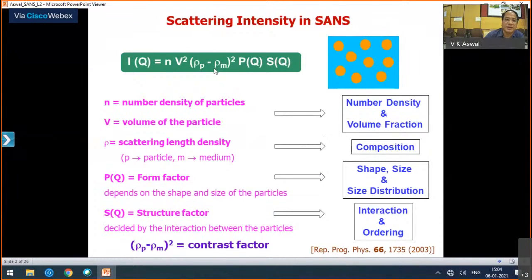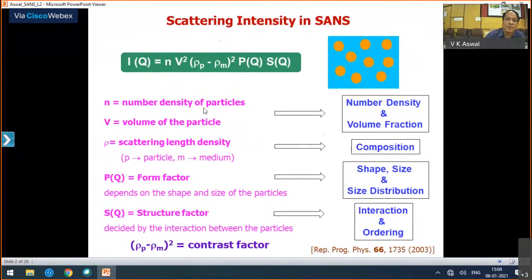The advantage with small angle neutron scattering is that you can change this term, and that's called contrast variation. Basically, things which are seen with light, if you want to make them invisible, it's not easy because you cannot match your refractive index with that of the air. But in the case of neutrons and also X-rays, you can change this term and make invisible visible and vice versa.